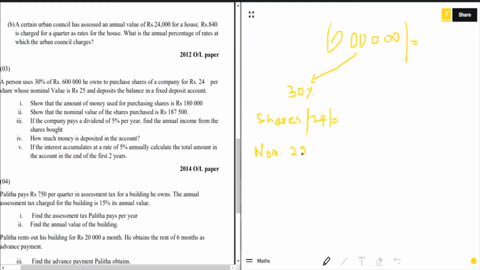That means the shares have a market value of 25, but he has bought them for 24 rupees. And the rest, 70% of the money, is deposited in a bank in a fixed account.